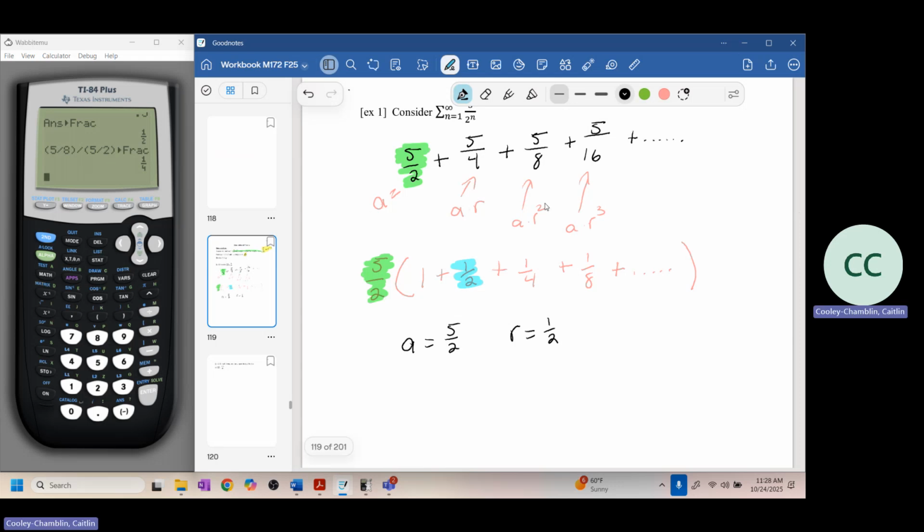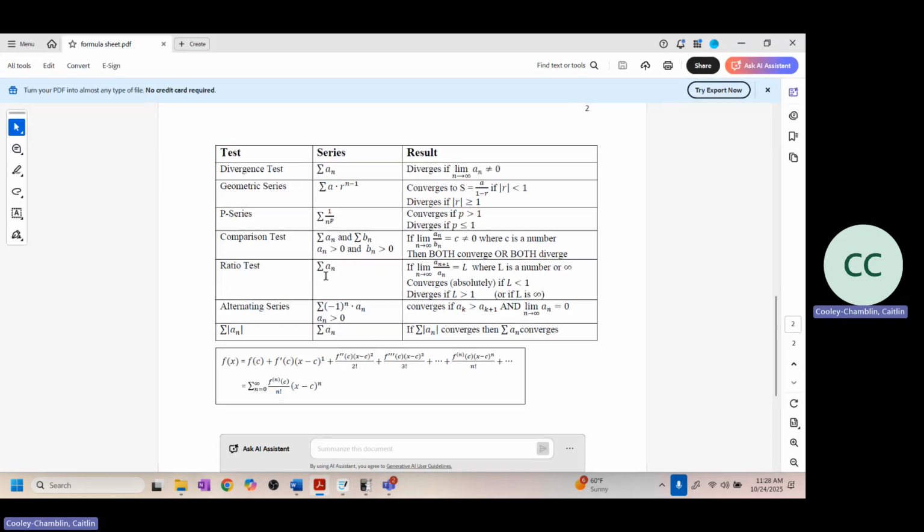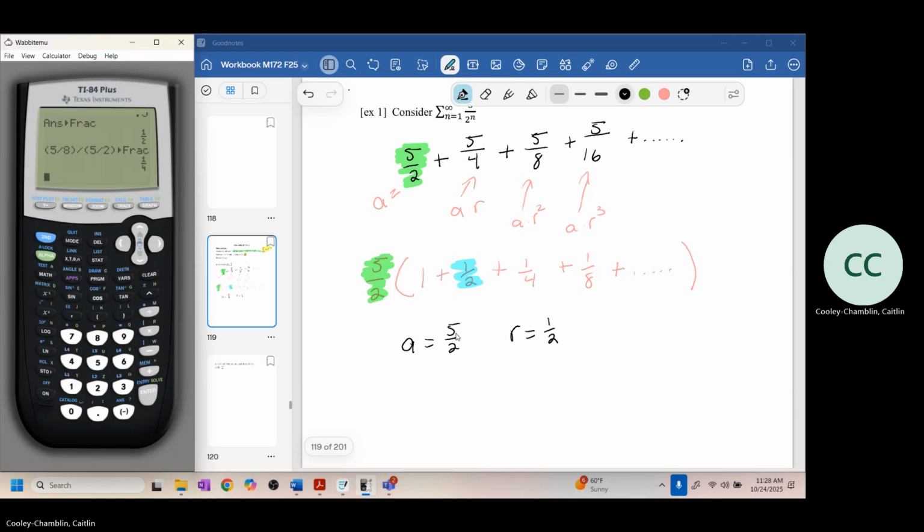And so let's go back to our test. I'm just going to flip back to our formula sheet. Geometric series converges if the absolute value of R is less than 1. So let's go back. And our R here is less than 1. So I'm using the geometric series.